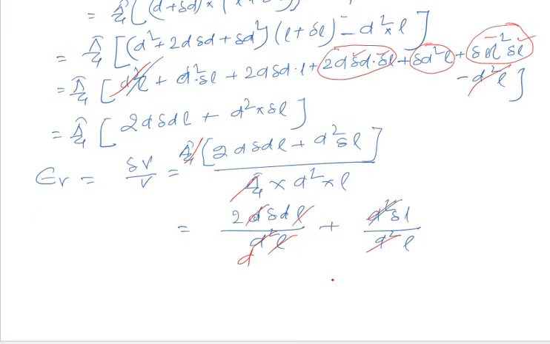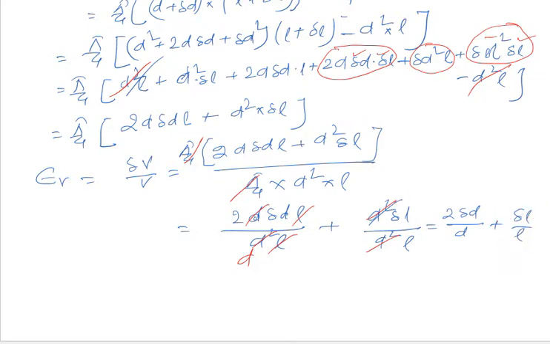So what is remaining? So remaining value is 2 delta d upon d plus delta L upon L.